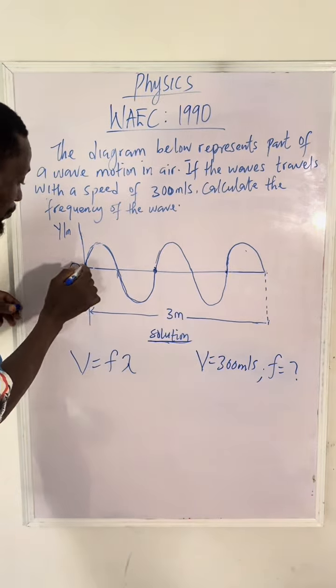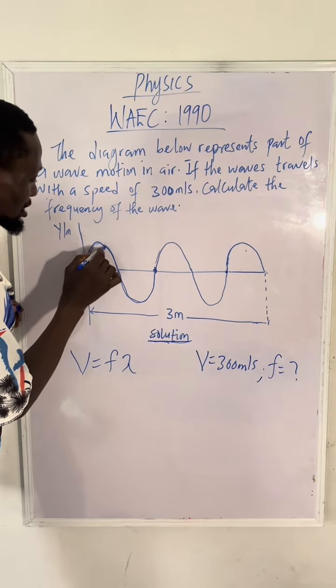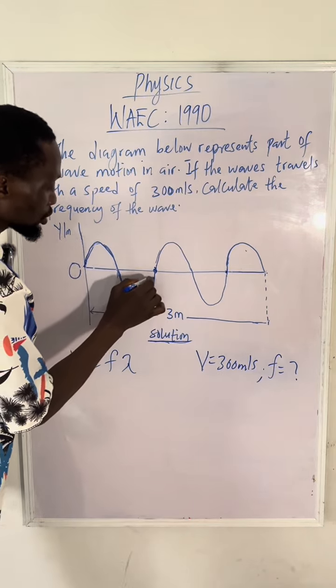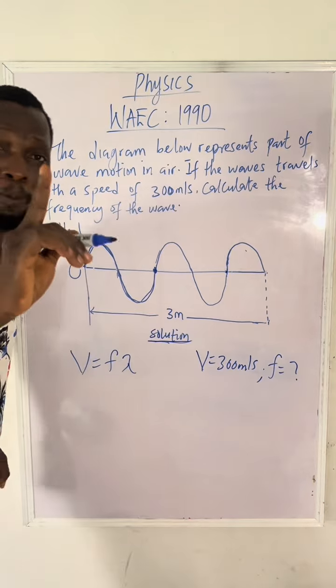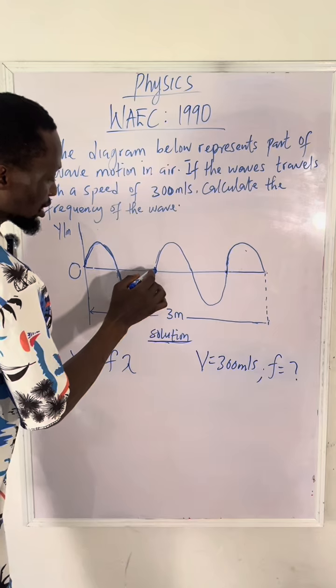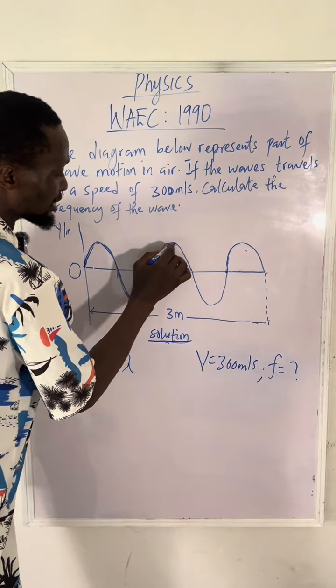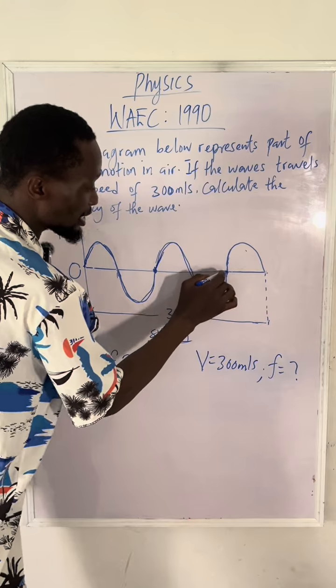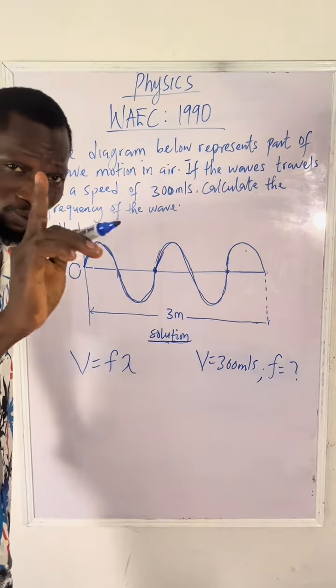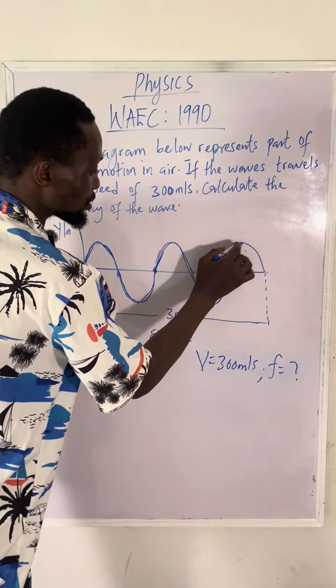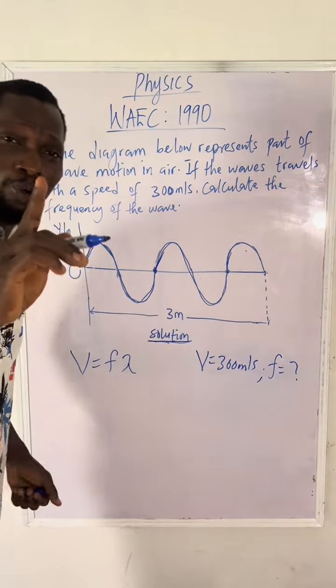From here, when the wave travels like this to this point here, that is one complete cycle. If you move from here to this point again, that is another cycle. If you move from here to here, that is only half a cycle.